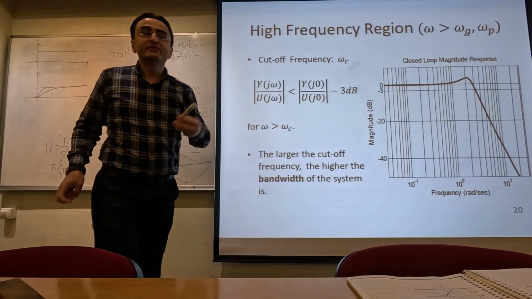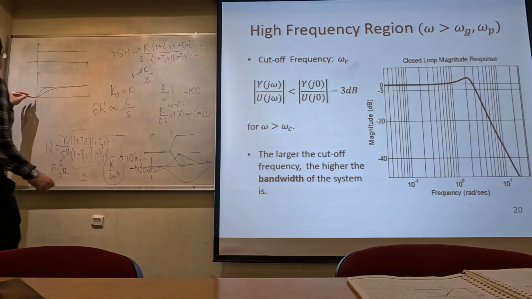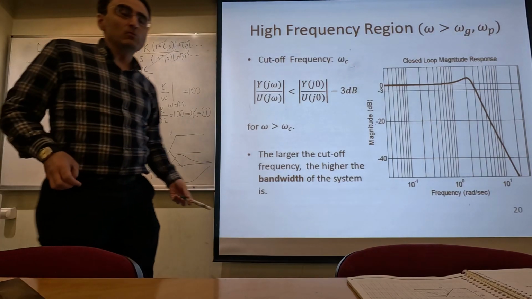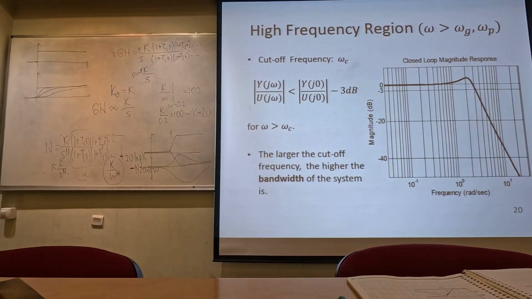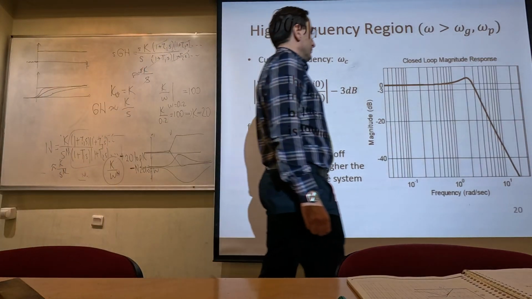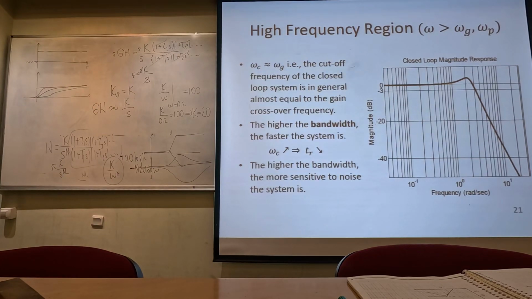And if I decrease the cutoff frequency, then my response is going to be slower. So there is a relationship between the gain crossover frequency and, for example, the rise time of the closed loop system. This is related to the bandwidth of your system, which is related to the cutoff frequency.